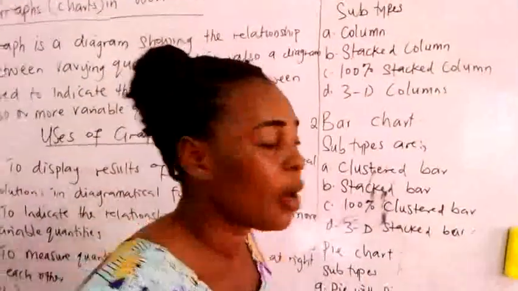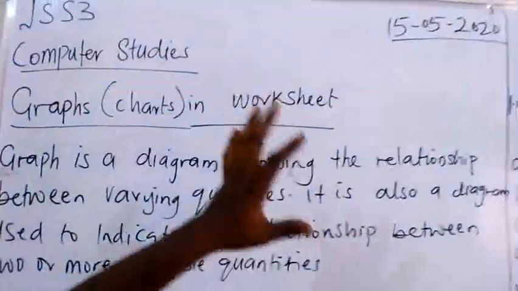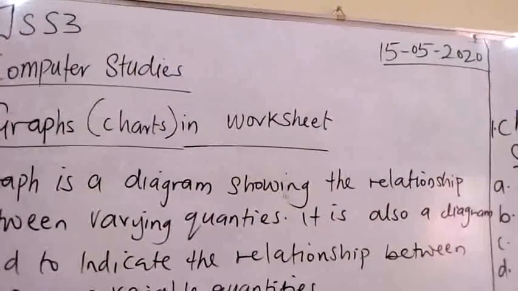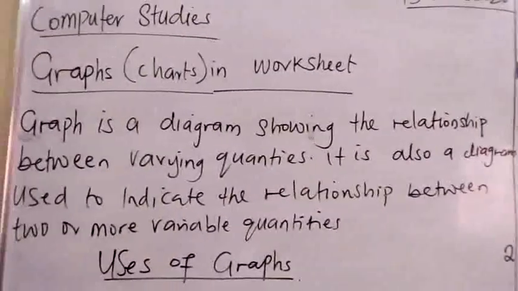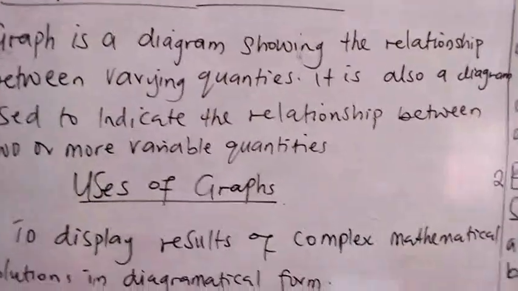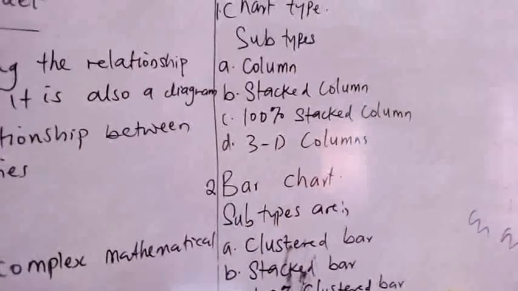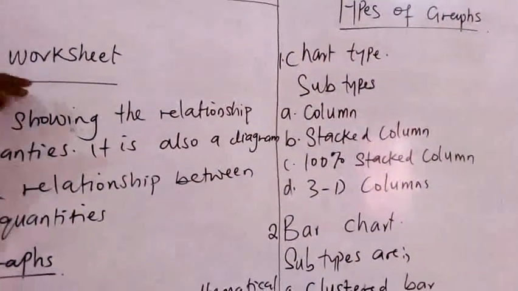Now remember, we are talking about graphs in a worksheet. All these things we have discussed here, we say a graph is a diagram showing the relationship between varying quantities. We've looked at the uses of graphs and the types of graphs. Remember, everything we are discussing here is embedded in a worksheet.